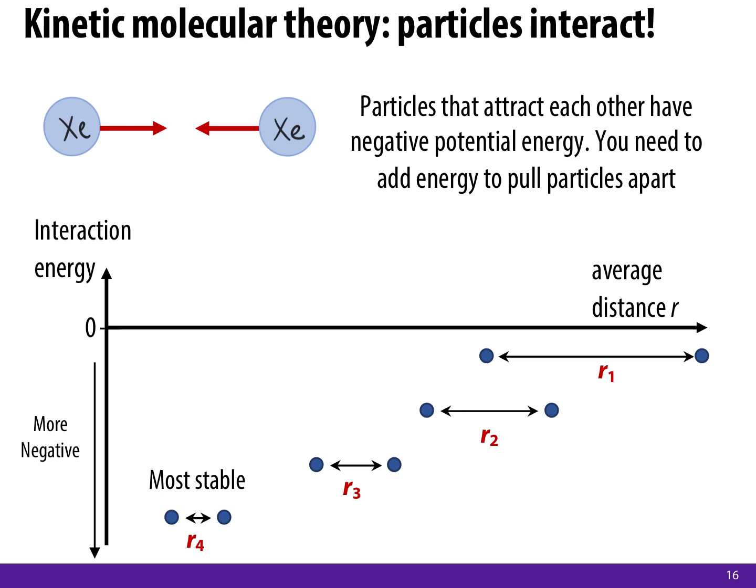Now, if I want to increase the energy of this substance, I have to add energy if I want to take those particles that were close together, maybe in the solid state, and pull them apart. So this is a negative potential energy, just like the ground state of an atom is the lowest energy state. The lowest energy state here would be the solid, where they're the ideal distance apart.